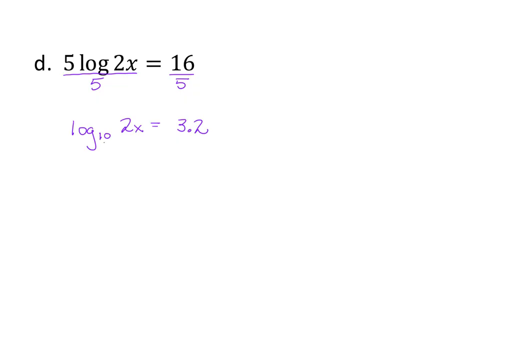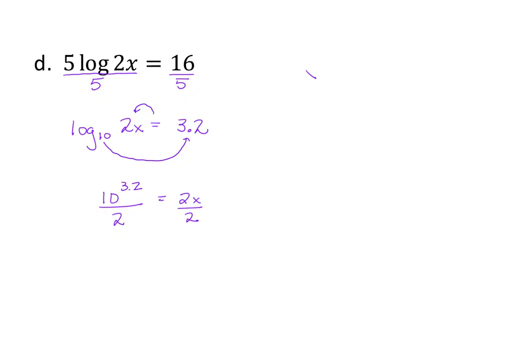We can now do our around the world. So we get 10 to the 3.2 equals 2x. I can divide by 2.